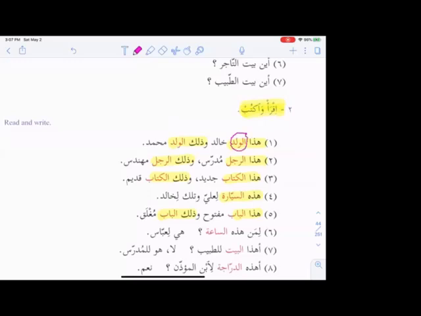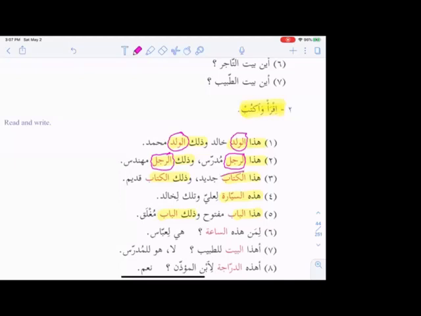It has come after hadha. What is it? You must say badal. Wadhalika al waladu. What will you say? Waladu is badal. Okay. Hadar rajulu. What is rajulu? Badal. Wadhalika rajulu. Badal. Okay. Why badal? Because it has come after ismu ishara, and also the noun is definite with al.